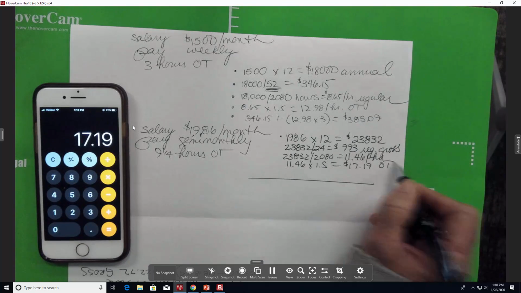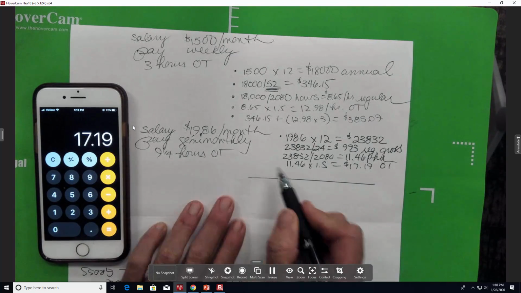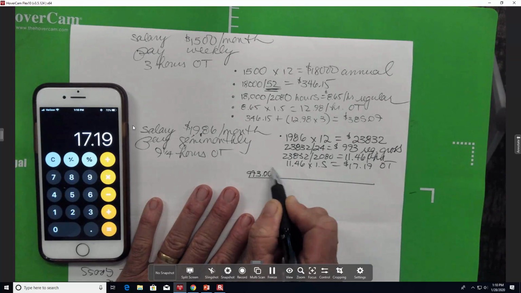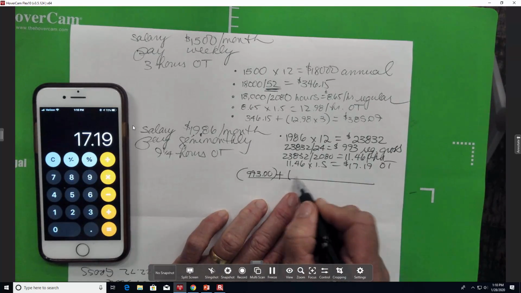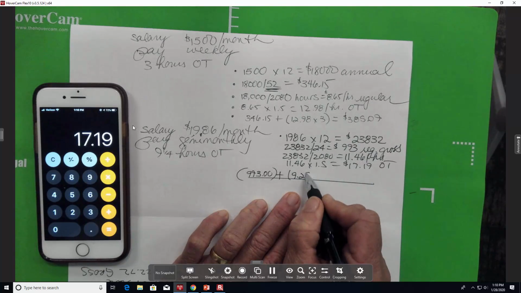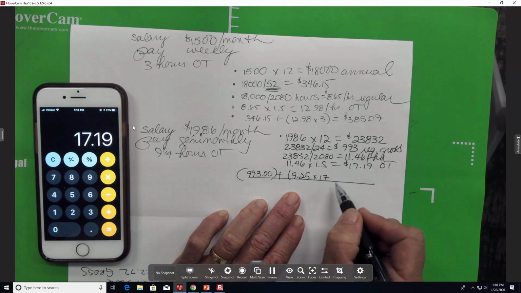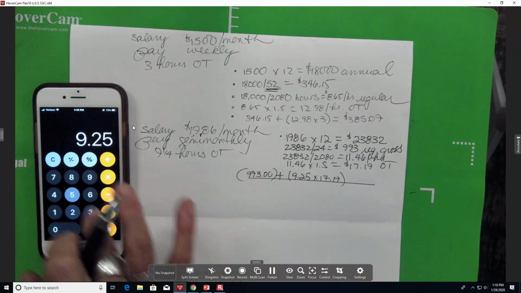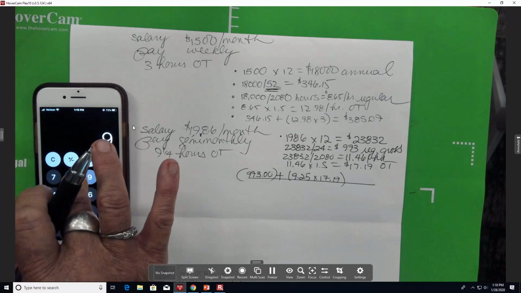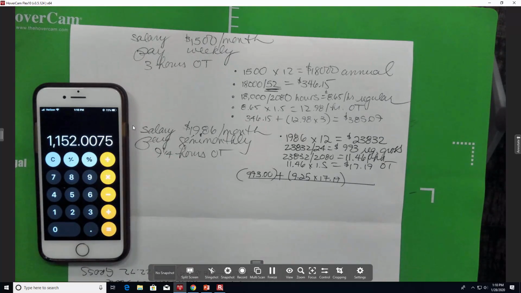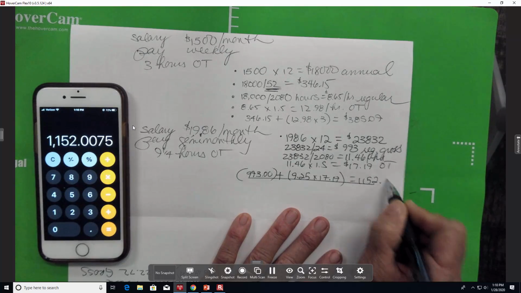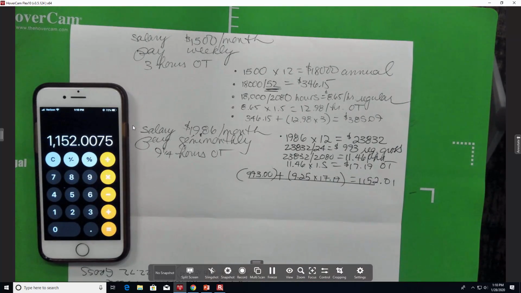Yeah. So her check is $993 plus 9 1/4 hours times 17.19, right? $1,152 and a penny. Okay, very good.